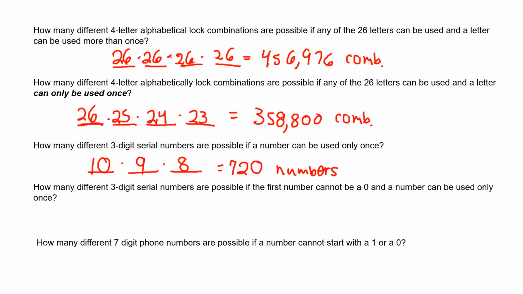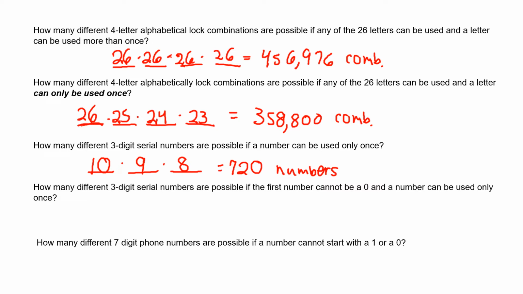Now, sometimes there are even other restrictions. So you might at this point say, okay, it's either going to be the same number multiplied by itself a bunch of times, or we're going to start with a number and go down by 1. But not necessarily, because there are other restrictions that we might have.